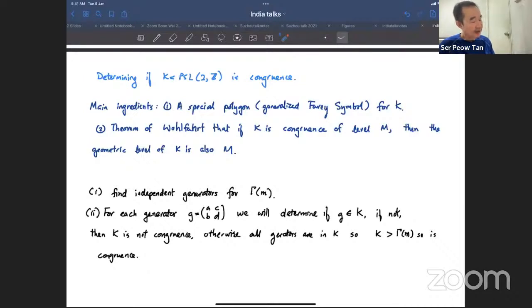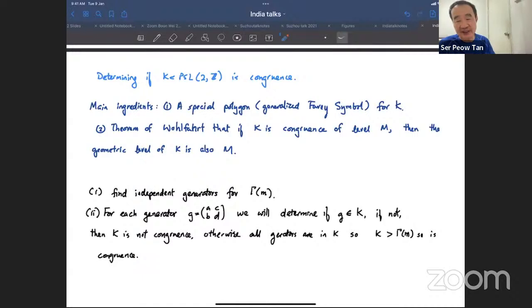Then there's an old theorem of Wolfart that says that if K is a congruent subgroup of level M, which means that it contains gamma M, then the geometric level of K is also M. So what's the geometric level of K?